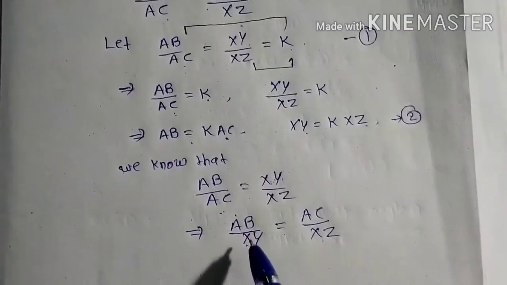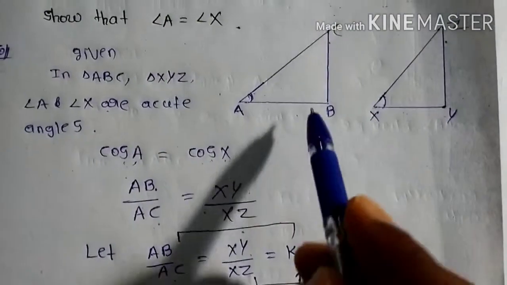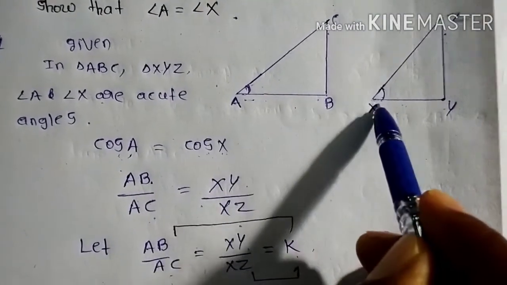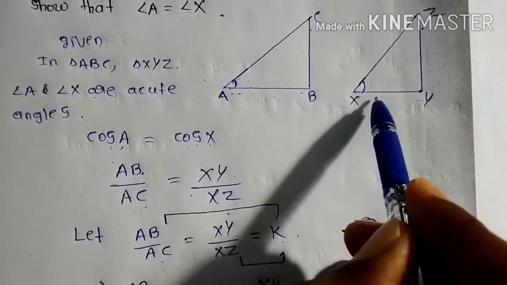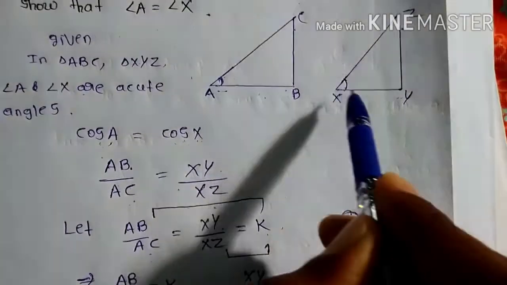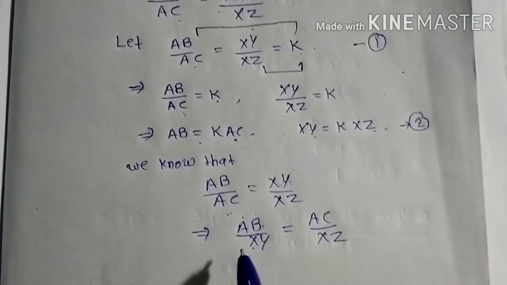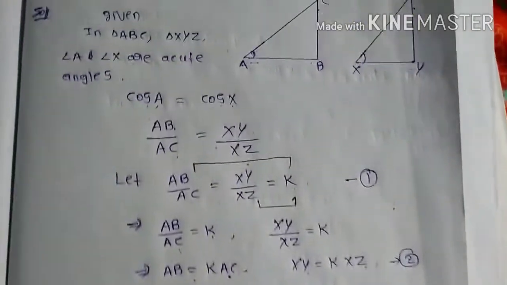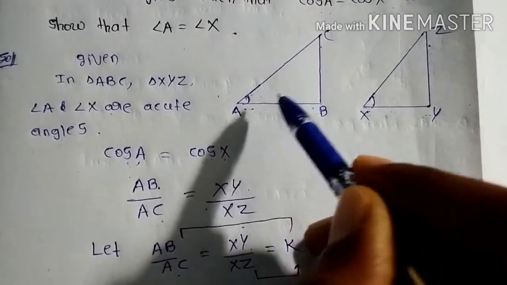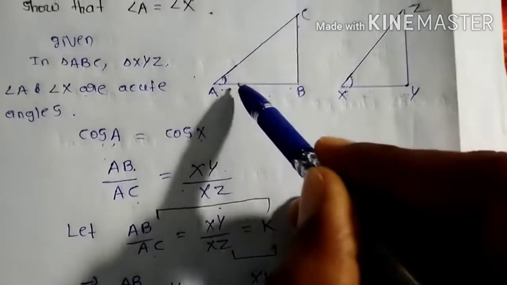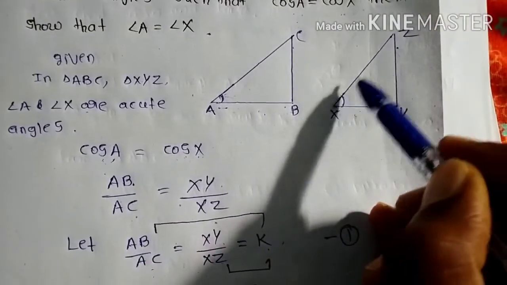Here the corresponding sides in the two triangles, AB by XY, is equal to AC by XZ.